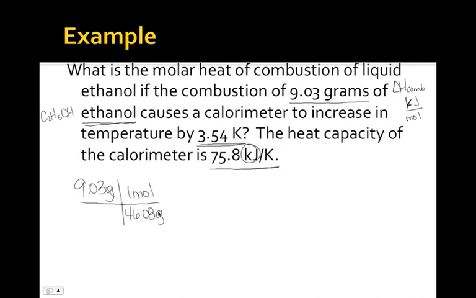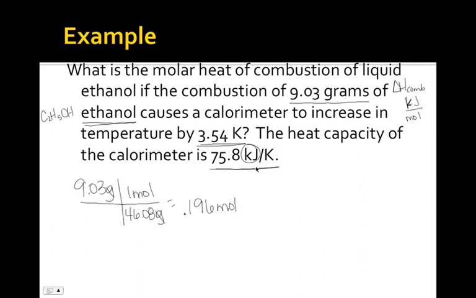And so my grams cancel, and I have moles. I have half of my units already. So all I have to do is take this 9.03, divide it by 46.08, and I get 0.196 moles of ethanol.